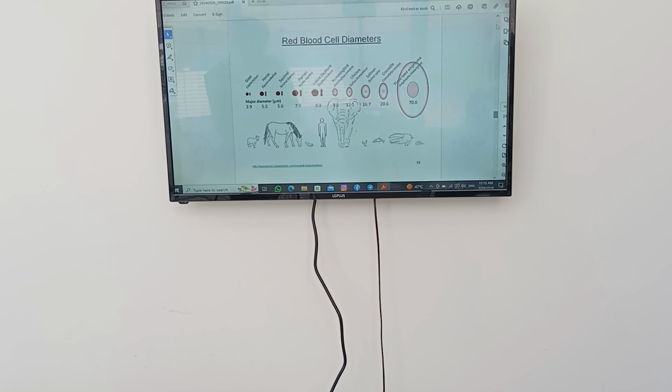We're going to move to the squirrel, 5.6. Human, the human RBC is 7.9 micrometer. Indian elephant, hummingbird. Hummingbird is a type of bird, of course. A chicken, a salmon, which is a type of fish, crocodile, and the biggest RBC you can see in nature is the 3-toed amphibian. It's like this one, the last picture.